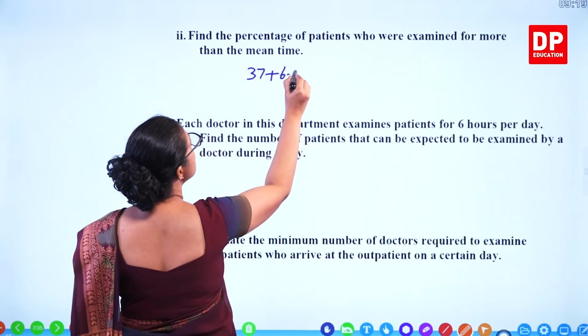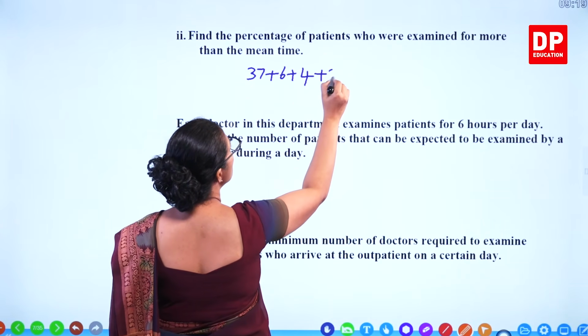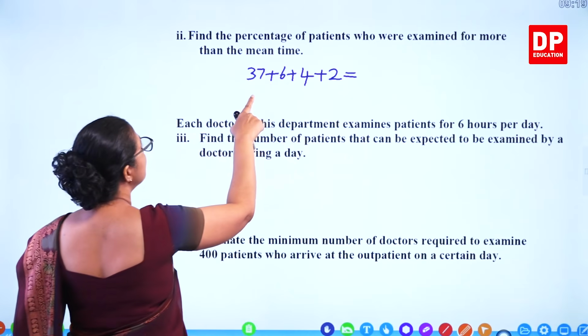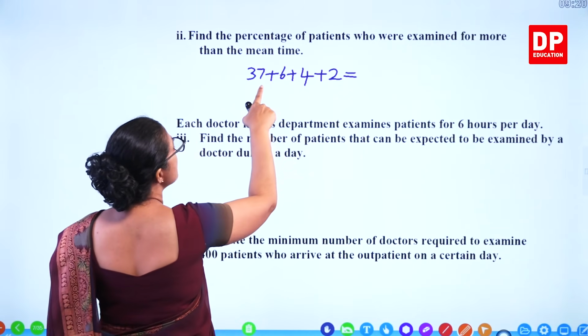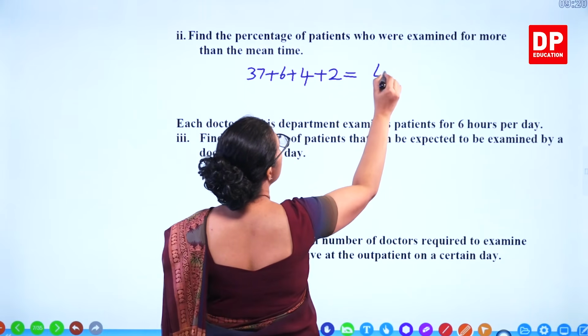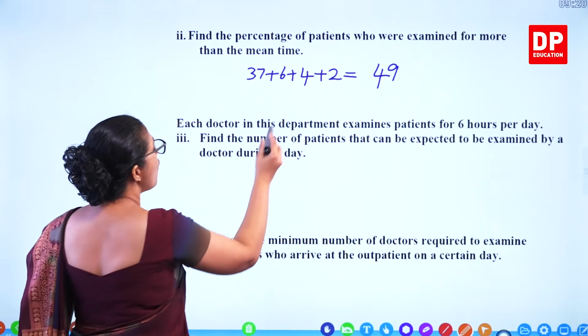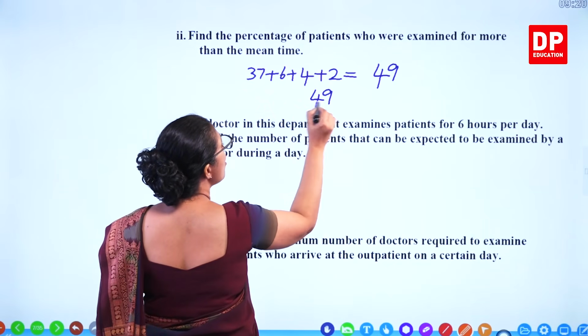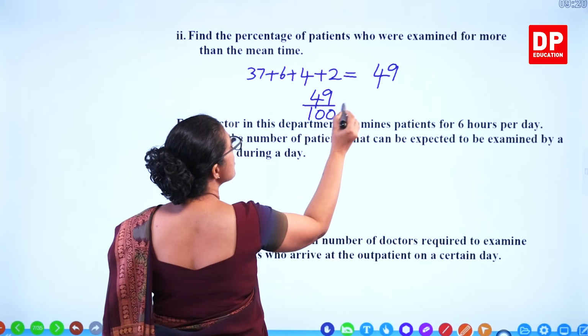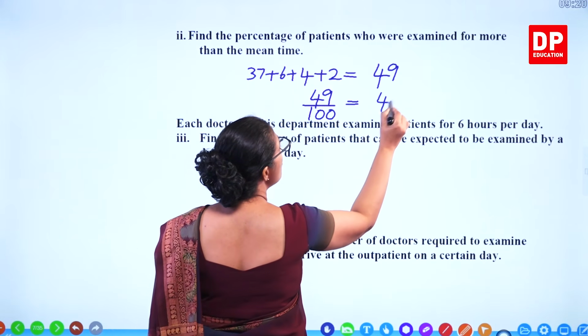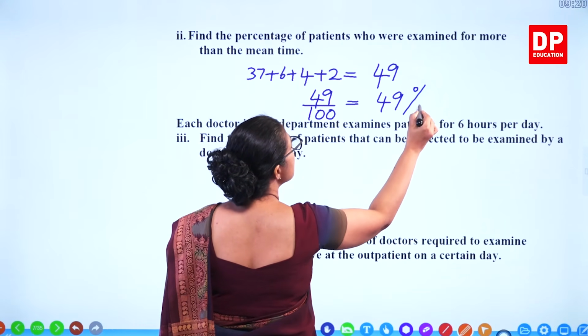How many altogether? 10, 47, 49. So what's the percentage value? 49 out of 100 patients. So that's equal to 49%.